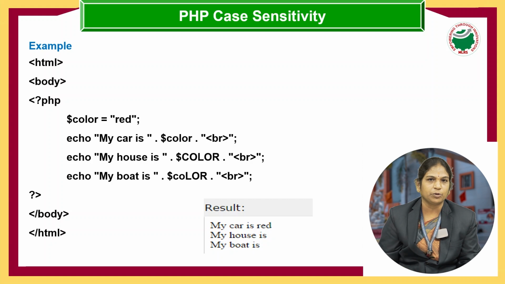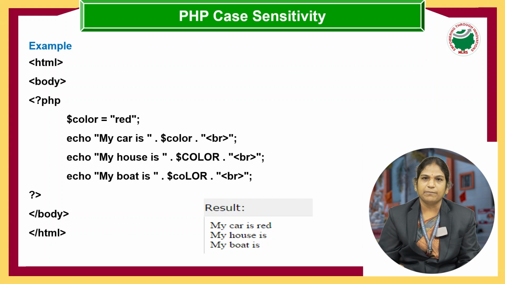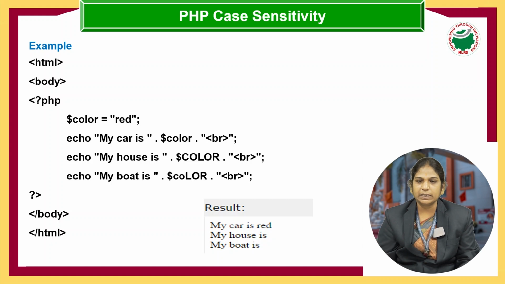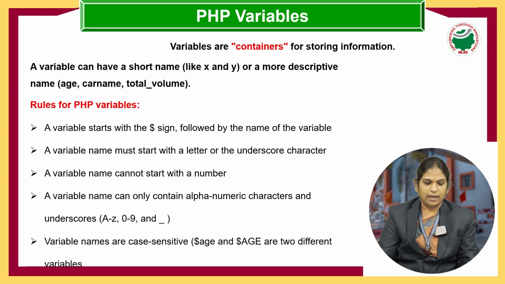Then only it is going to be identified. Here I am using three different names, the same word color, but with different cases. So it is not going to be identified as the same thing. So we can say that variables in PHP are case sensitive.